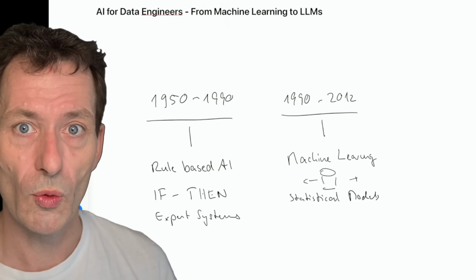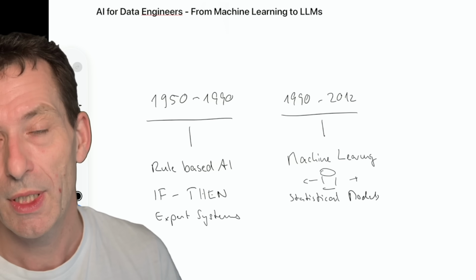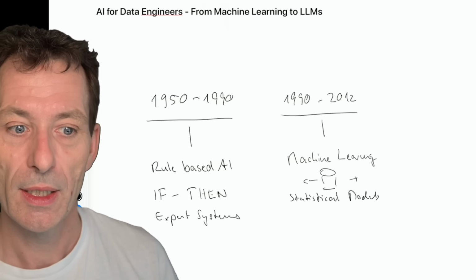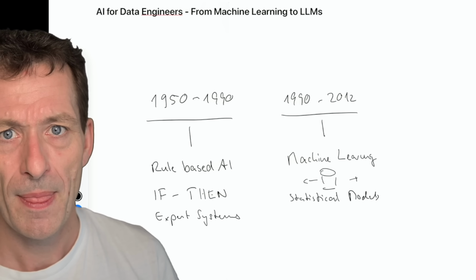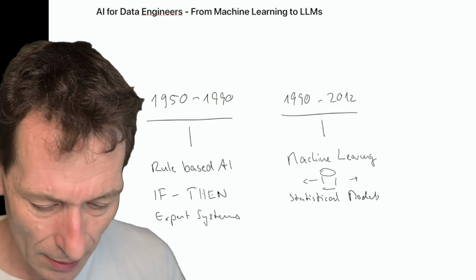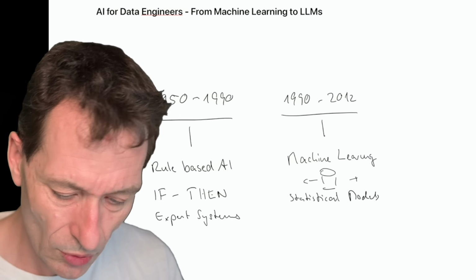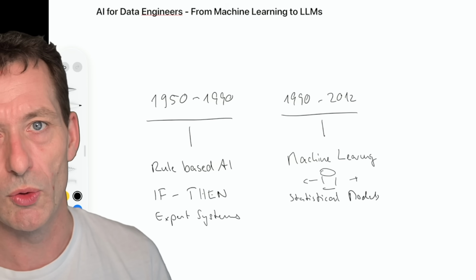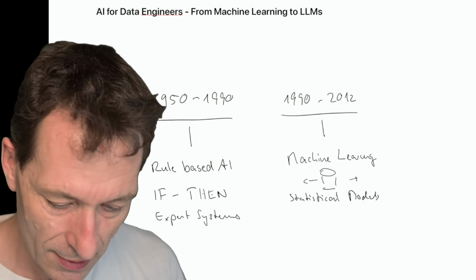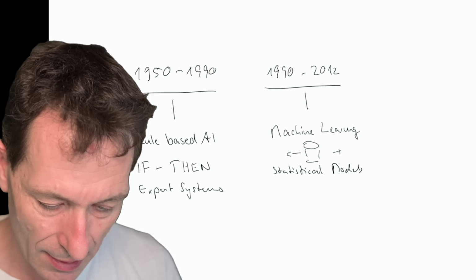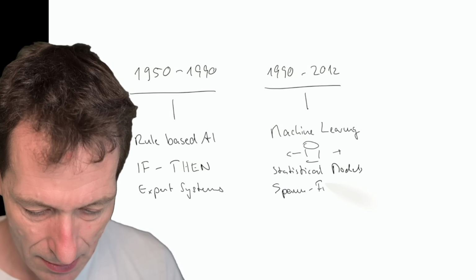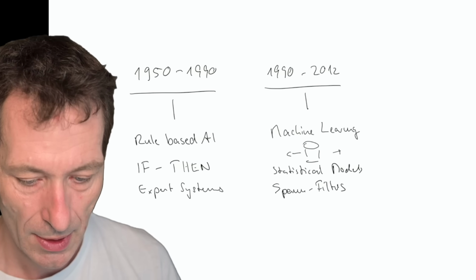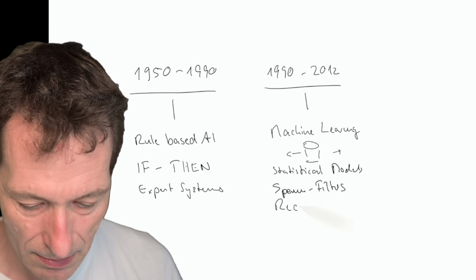And you know whether it works or not after you invested the money. So this is hard, right? And it's not very successful in the broad approach. This is still used in things like spam filters, and recommendation engines.